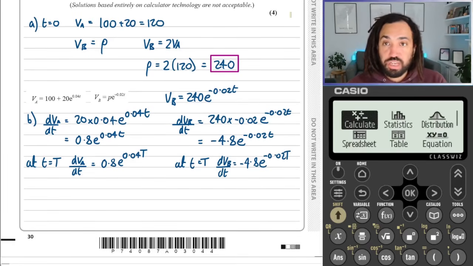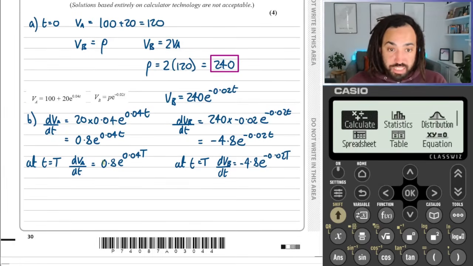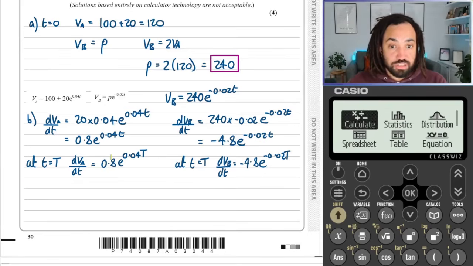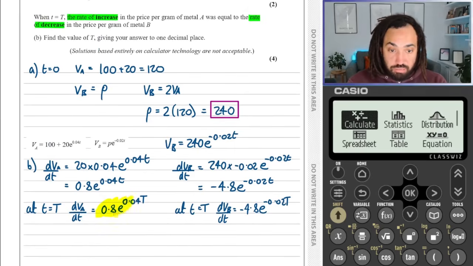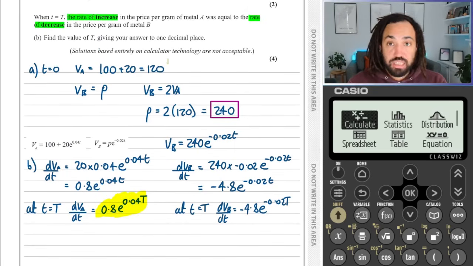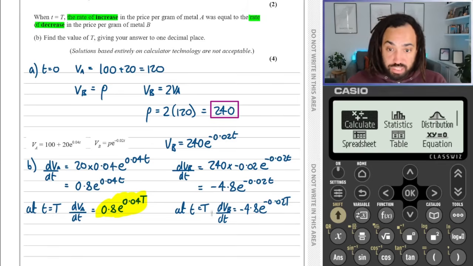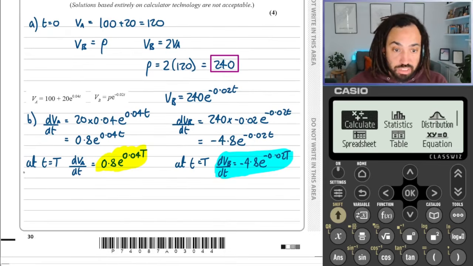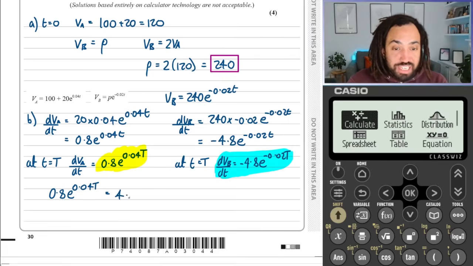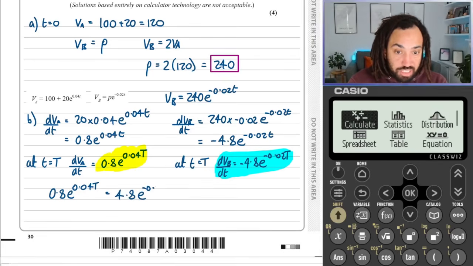Okay, great. So now we're told that at this particular time, the rate of increase of the first one is equal to the rate of decrease of the other one. Now, what we're going to do is set the two values equal to each other, but we're going to ignore the negative here, because what the negative does is it just tells us that it's decreasing.